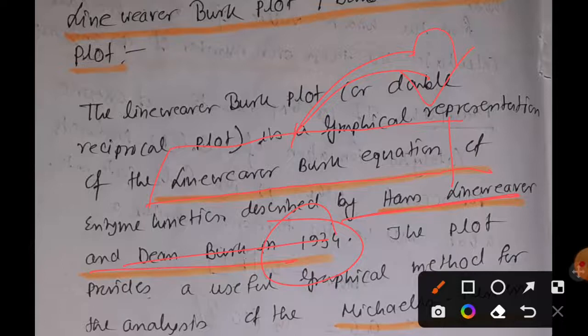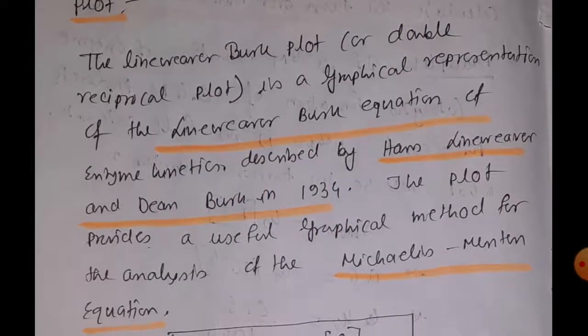Lineweaver and Burk were trying to create a modified version of the Michaelis-Menten equation so that they can provide a graphical representation of the Michaelis-Menten equation.